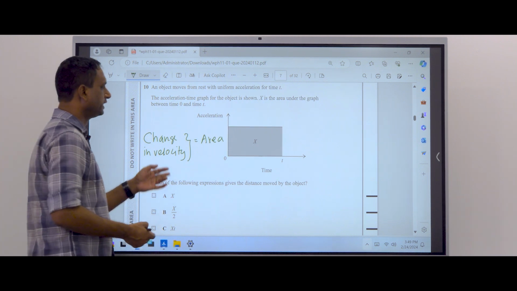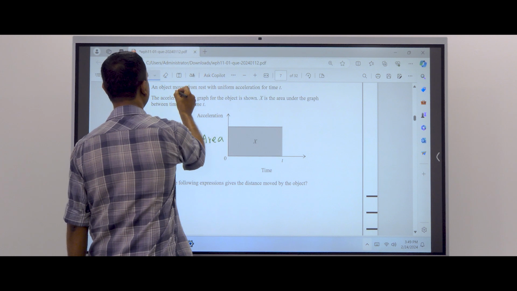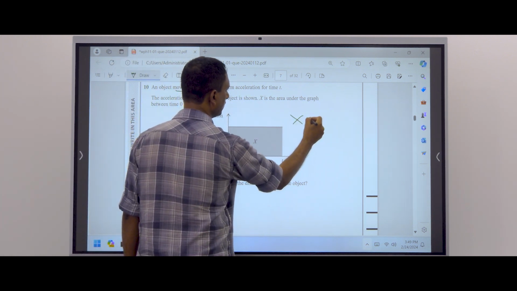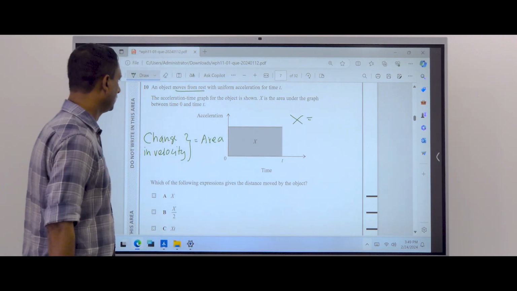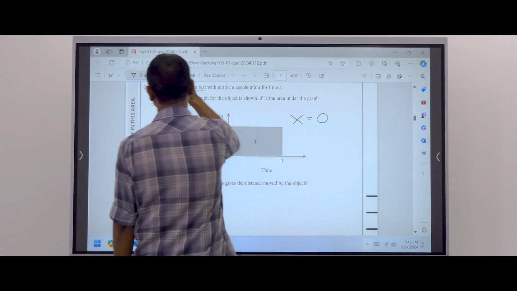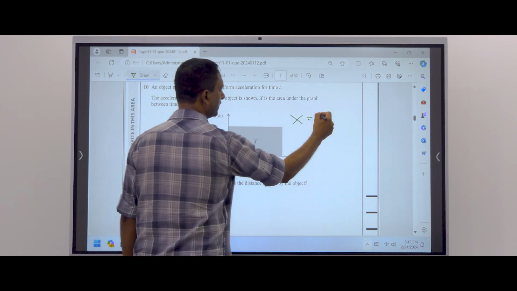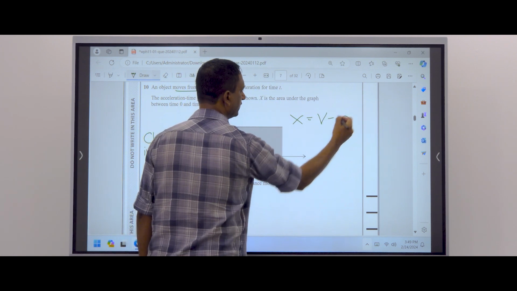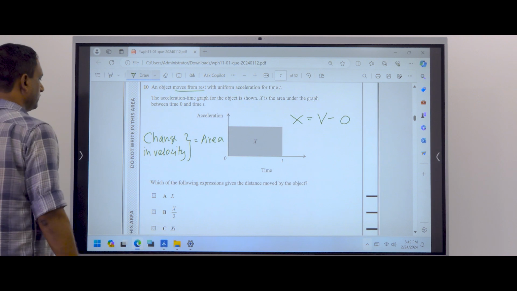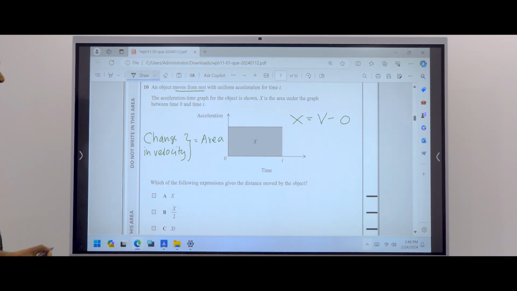Here the object starts from rest, so x is the change in velocity, final minus initial, and initial is 0. Initial velocity is 0, final velocity is v.